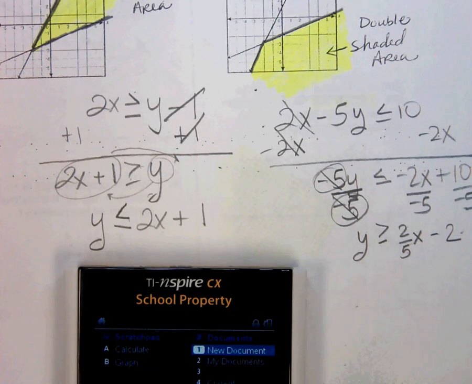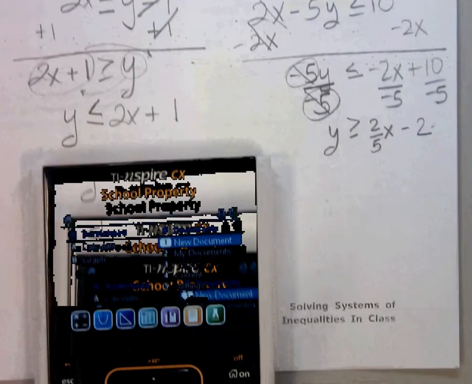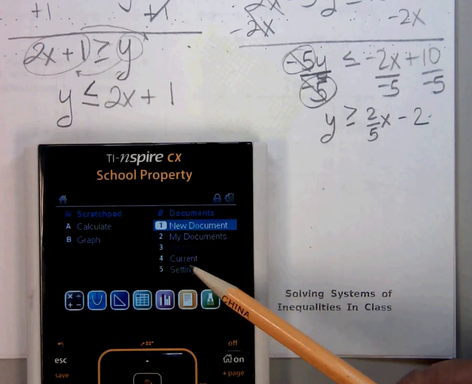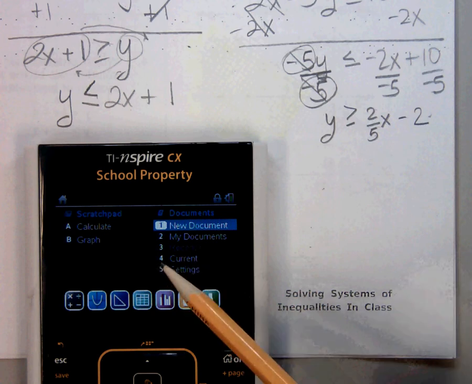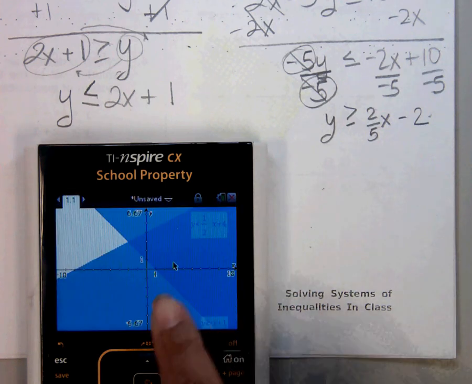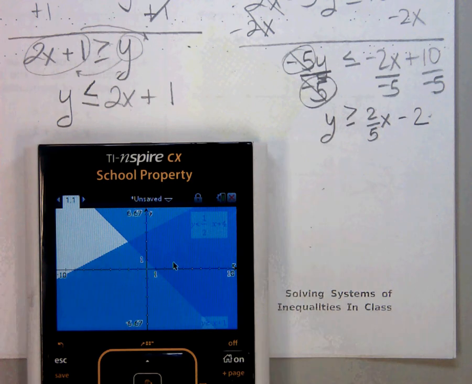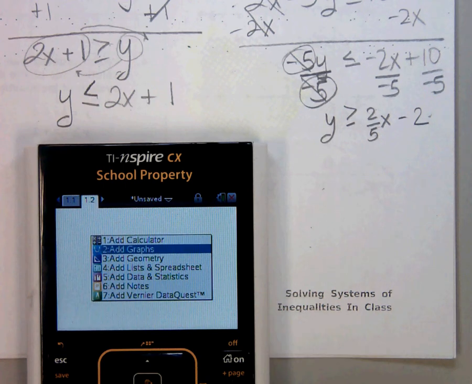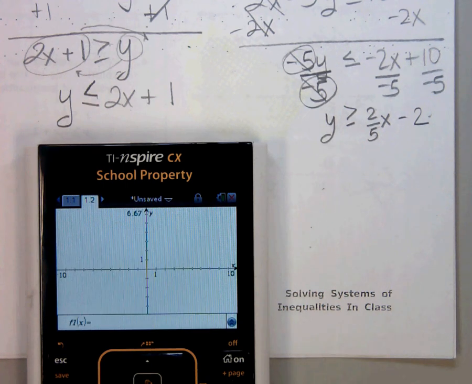So I am not going to start over. I actually want to go back where I was. So we've never done this, but I'm going to show you. Go down to 4. That's where we were. I want to keep him, and I want to add a new one. So Control Doc. Go down to graph, and let's put these in.